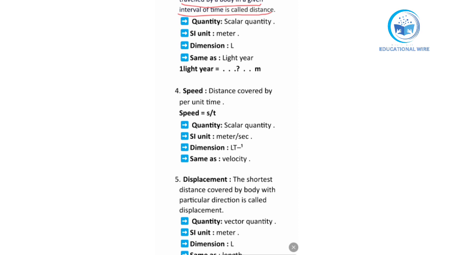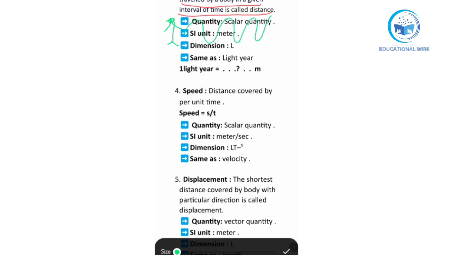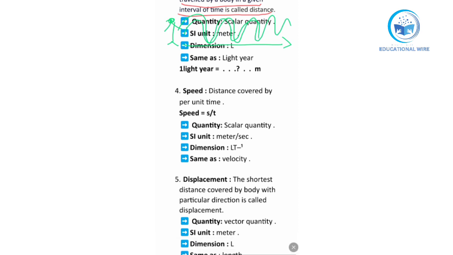A body is traveling along its path length. We don't know in which direction, we don't have a direction. So moving along a path in an interval of time, from here to there, is called distance.